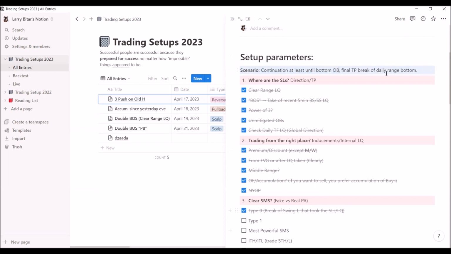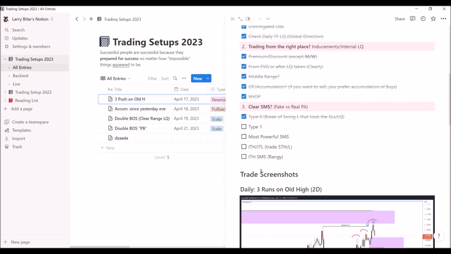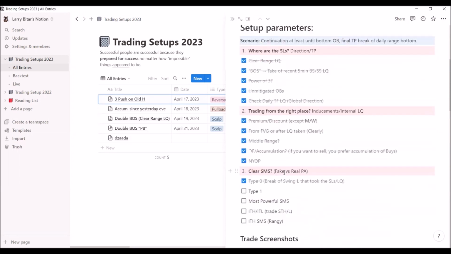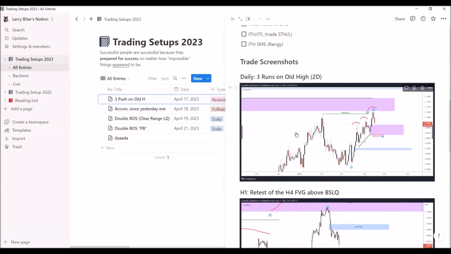I will not comment on this because this is my checklist. There is no point going point per point if you cannot see the screen; it has no meaning if you cannot see it live.